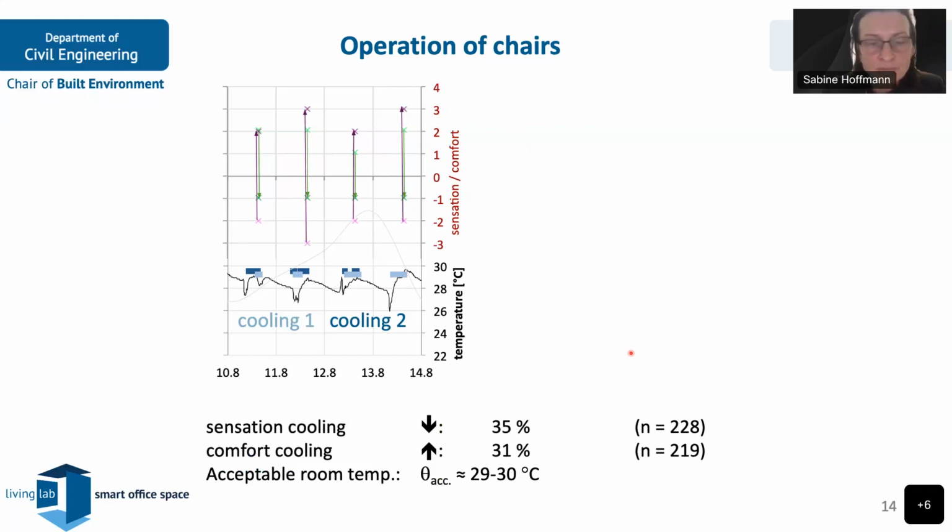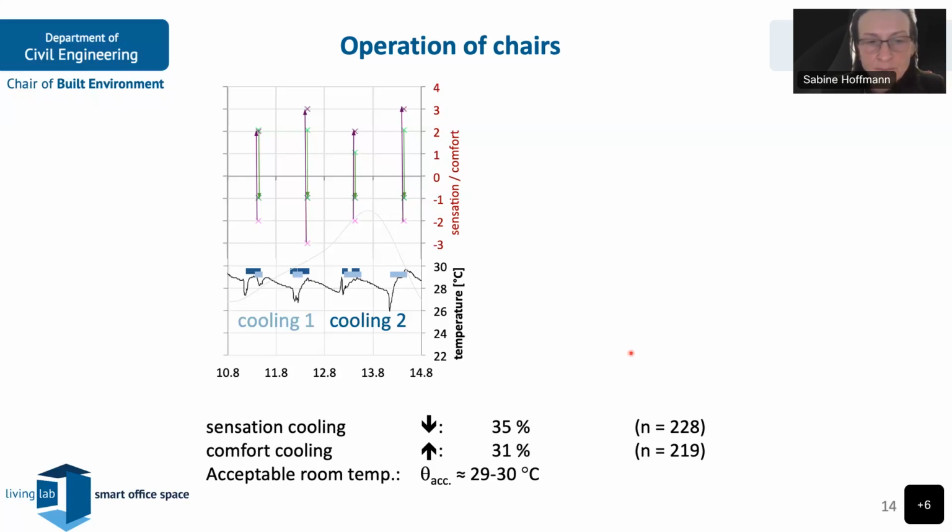We had more votes for the cooling function due to this longer period of hot weather. However, the results were a little bit less positive than for the heating function. So about a third of the people could really tell that they felt colder using this cooling function, and had an improvement of thermal comfort due to the use of the chair.